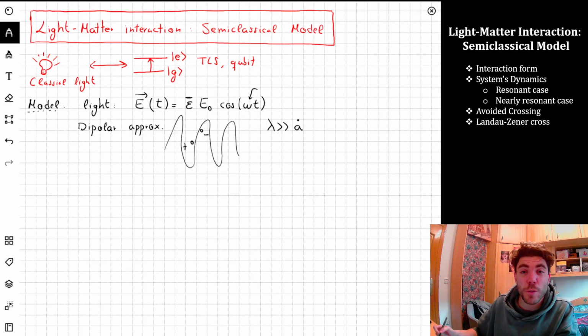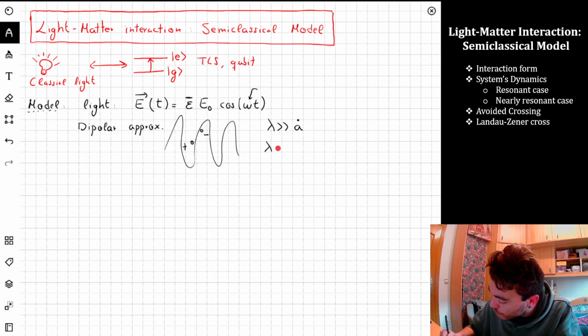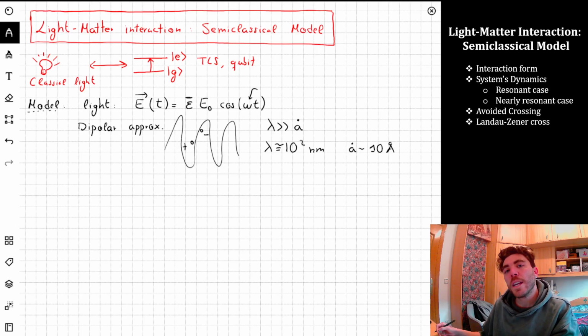And this is typically true, right? Because the wavelengths that we are considering here, imagine optical wavelengths, are of the order of 10^2, so hundreds of nanometers, while the atomic size is of the order of 10 angstroms, things like that. So this means that this is true, that the wavelength is way bigger.